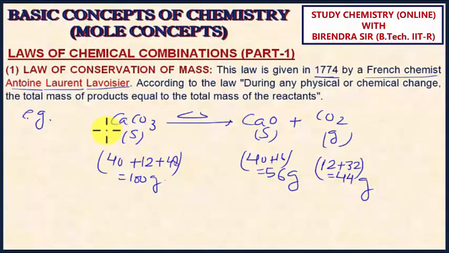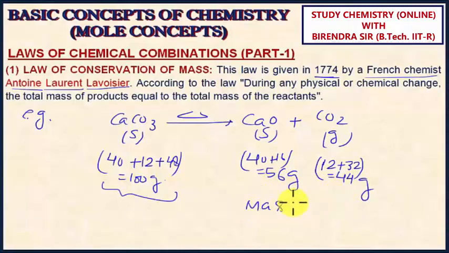Now, as per the mole concept, we say one calcium carbonate gives one calcium oxide and one CO2. And mass wise, 100 gram of calcium carbonate gives 56 gram of calcium oxide and 44 grams of CO2. Now 100 gram is what? Mass of the reactant, 56 plus 44.